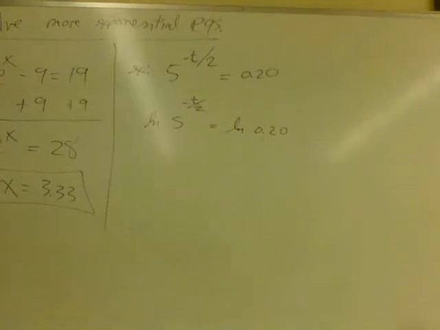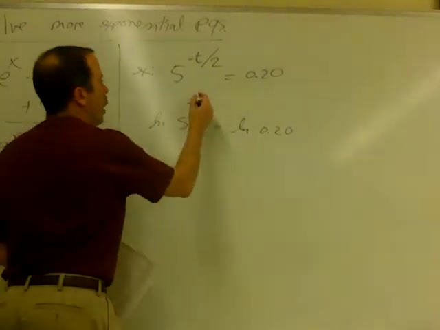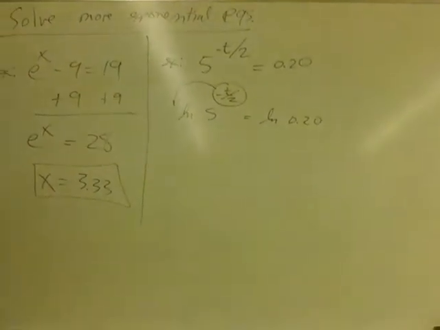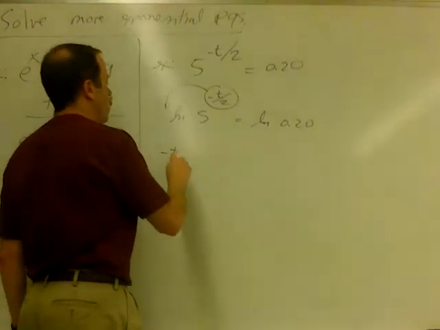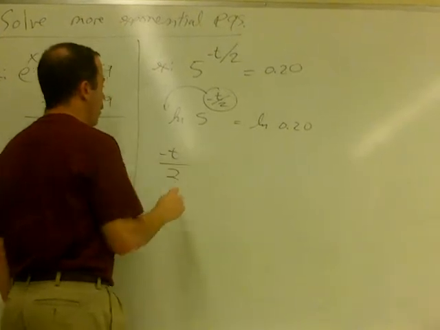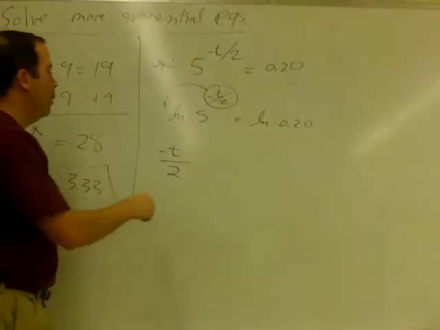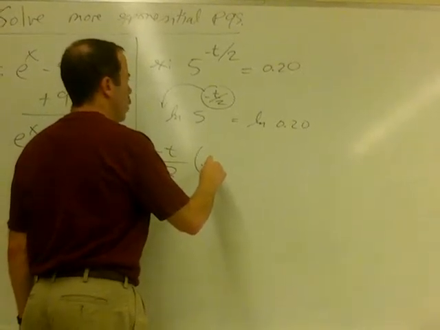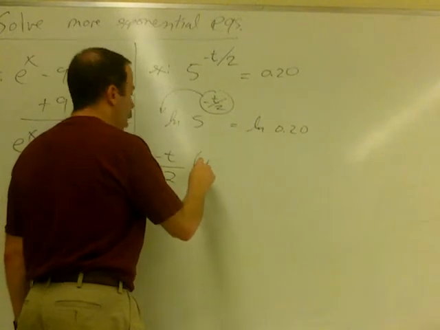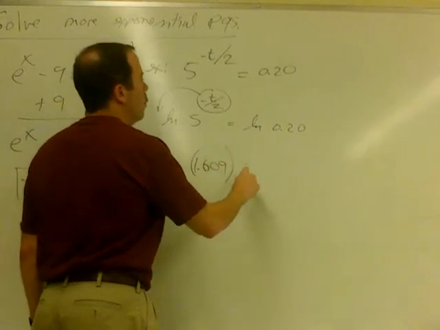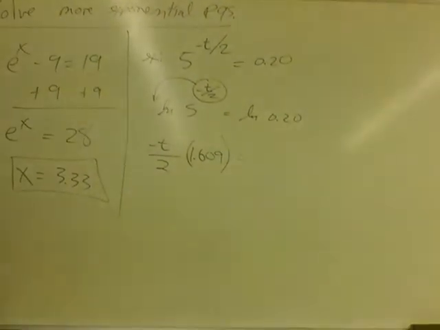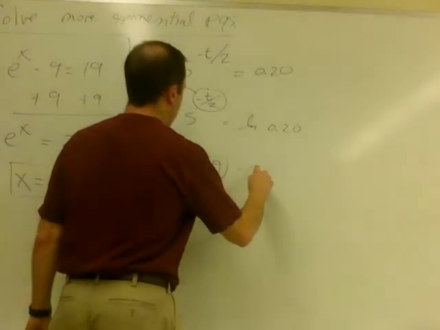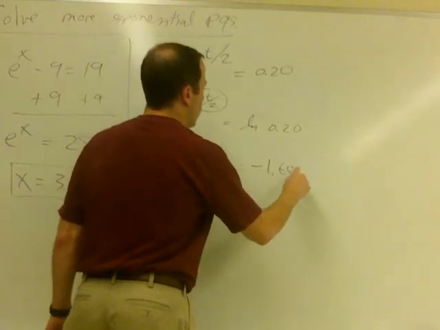We drop this exponent down in front, so we get negative t over 2 times the natural log of 5, which is 1.609, equals the natural log of 0.2, which is negative 1.609.